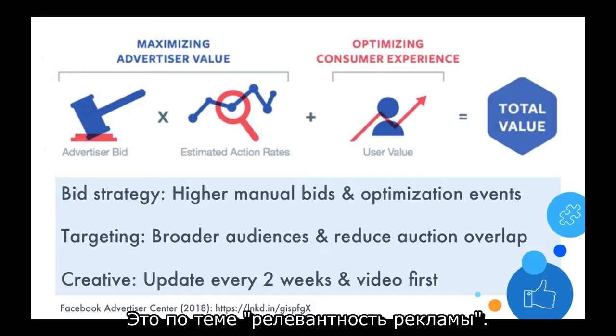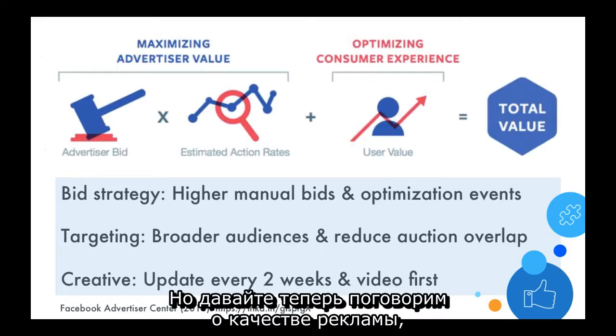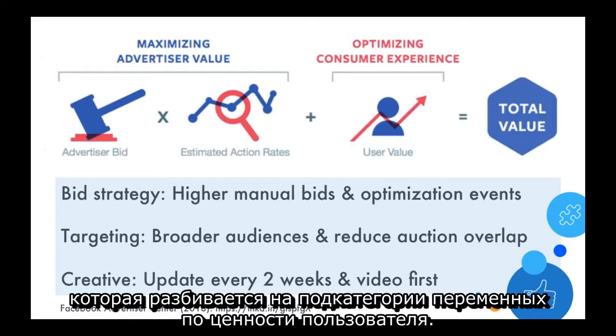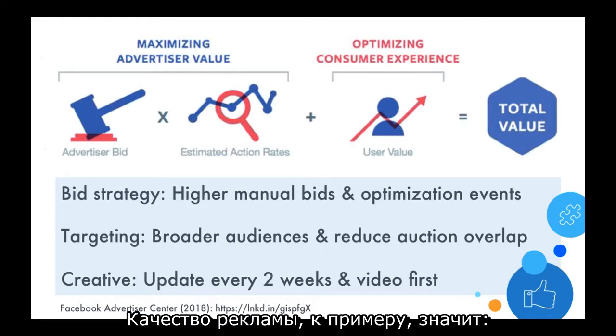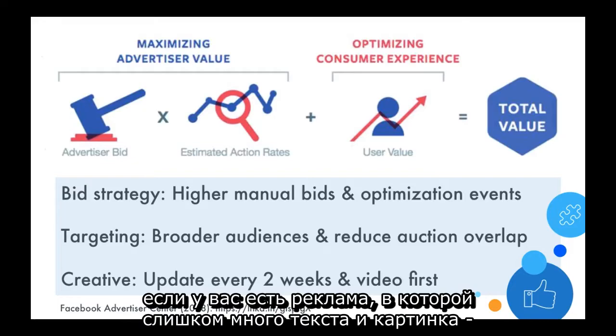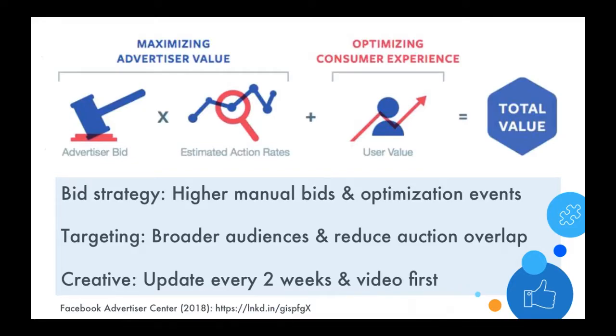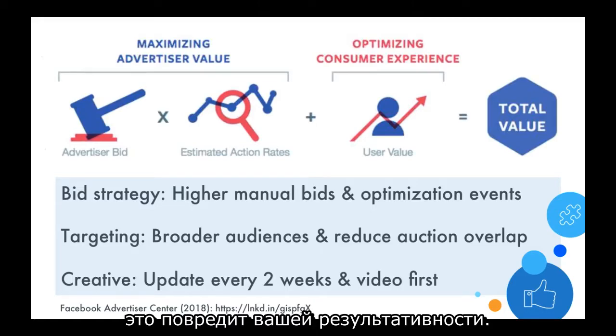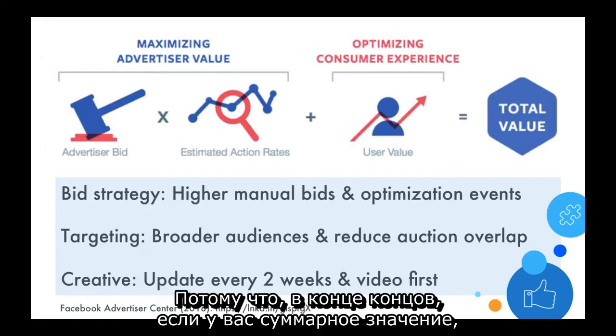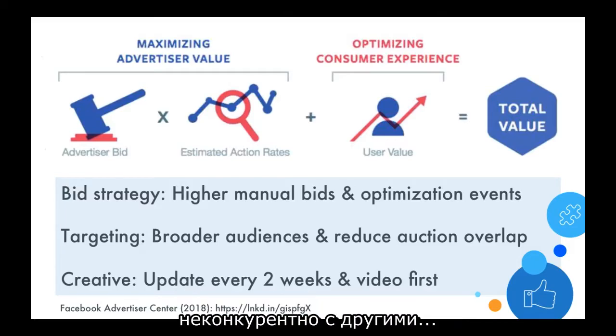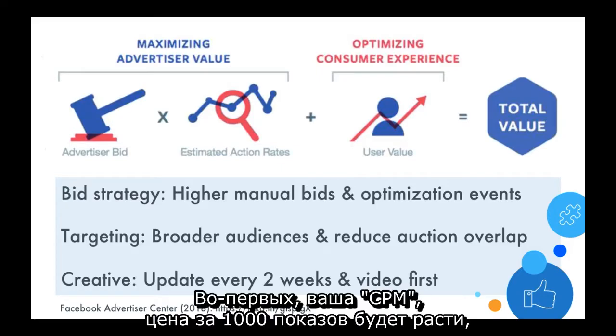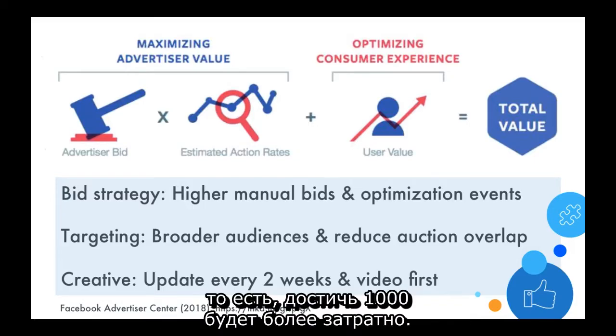Okay, that was more about ad relevance, but let's talk about ad quality, which are the two sub variables for user value. The ad quality, for example, means if you have an ad that has too much text in the image, okay, this will punish your performance, because at the end, if you have a total value that is not competitive with others, first, your CPM, your cost per mil, would increase, so it's going to be more expensive to reach 1,000 people.